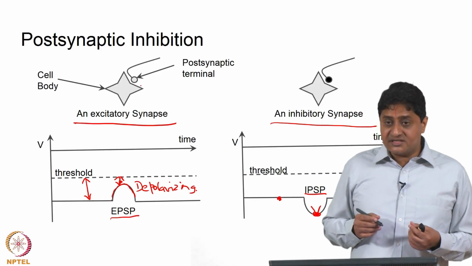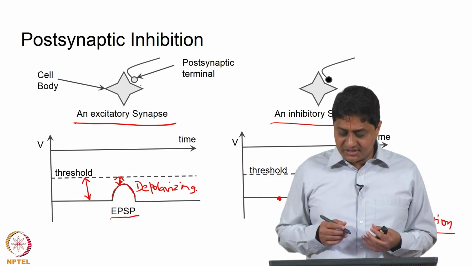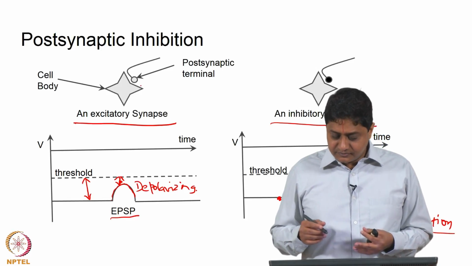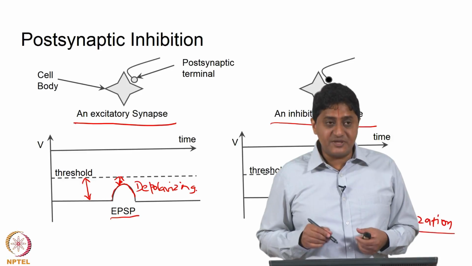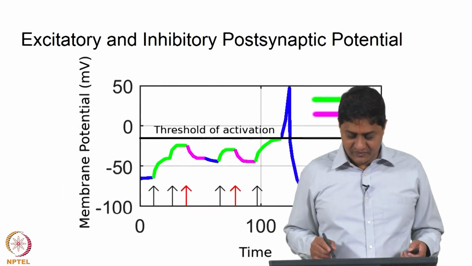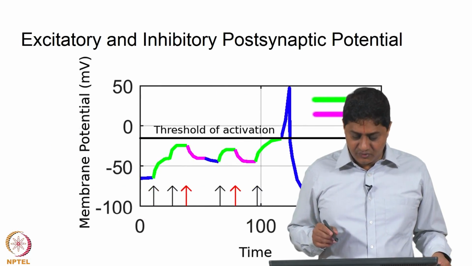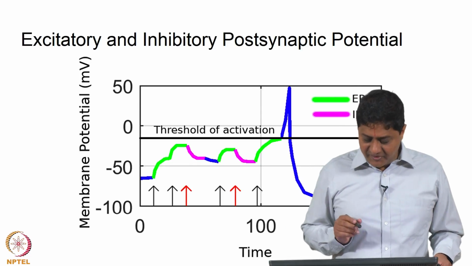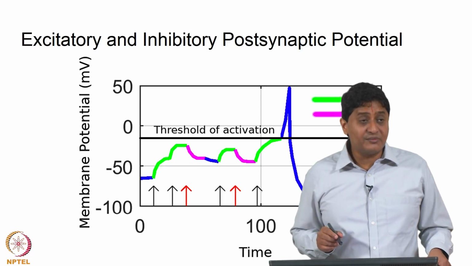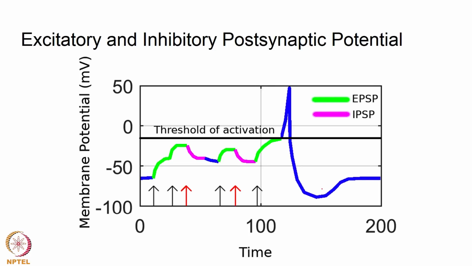In the inhibitory case, there may be similar neurotransmitters that cause the IPSP in the postsynaptic cell. Okay, let us see other reasons how this can happen. We saw in previous classes, just to remind ourselves, I can have several stimulations, several EPSPs one after the other that sum to reach a threshold.